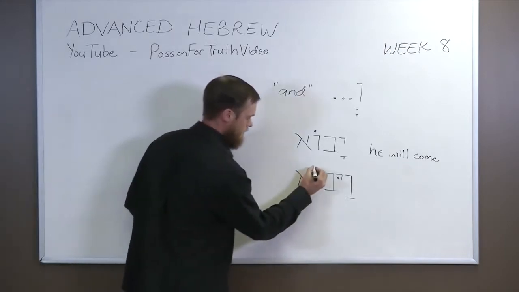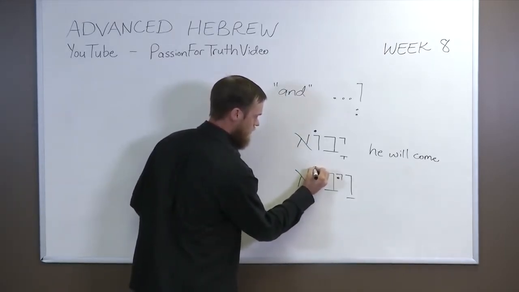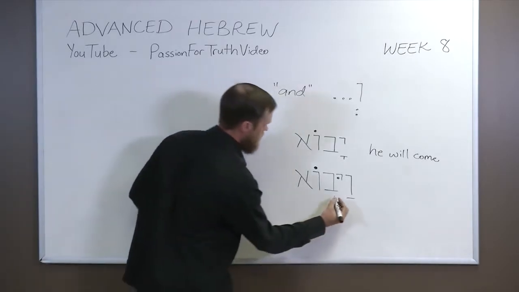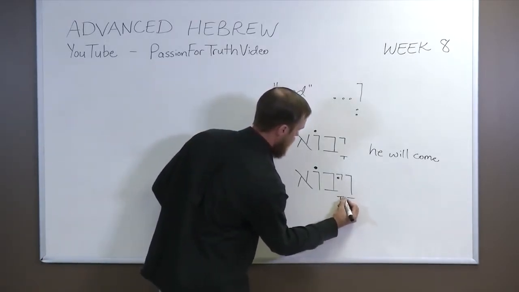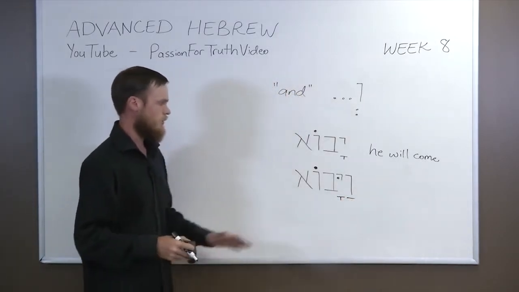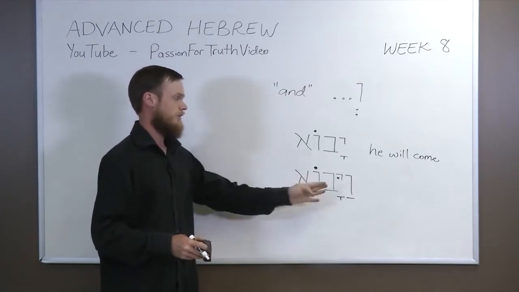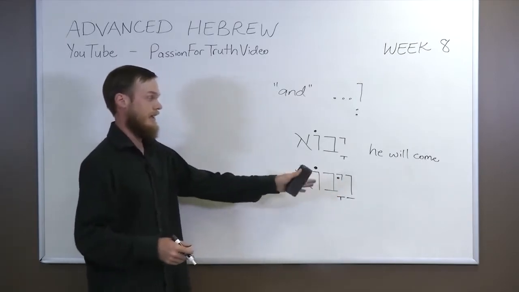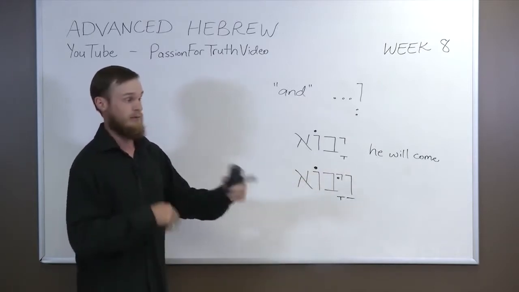And in this particular case, I believe the vowel stays the same. I could be wrong. But the important part, other than these nuances, is that when we affix this to the front, this doesn't mean and he will come. It flips the tense.